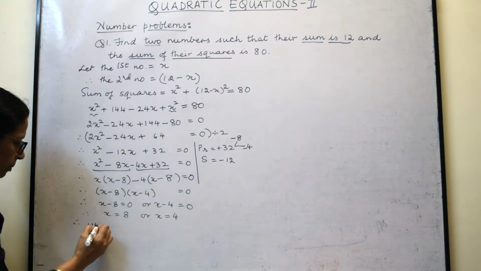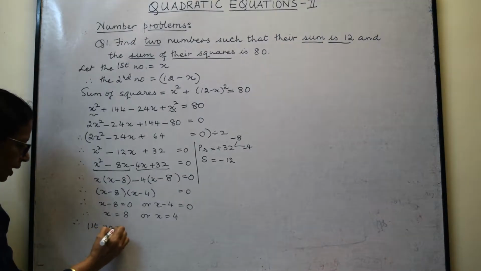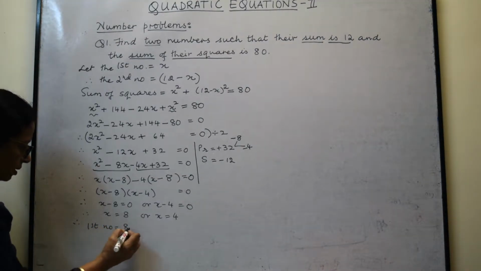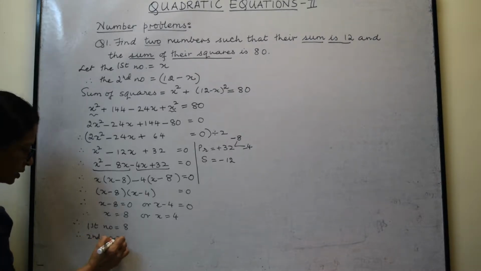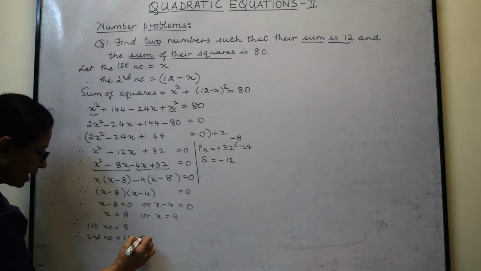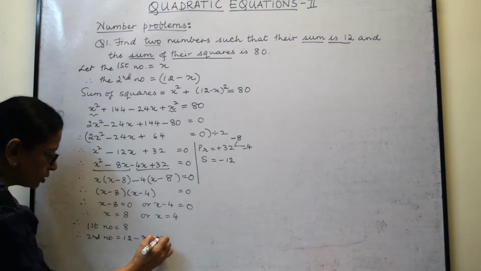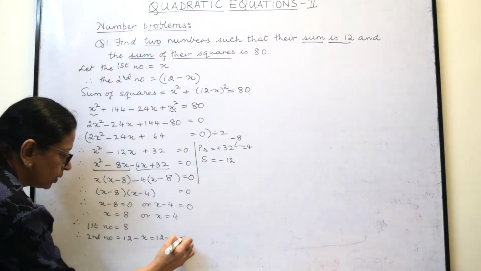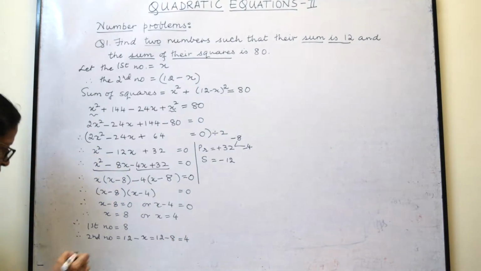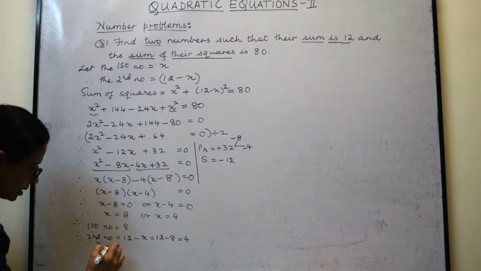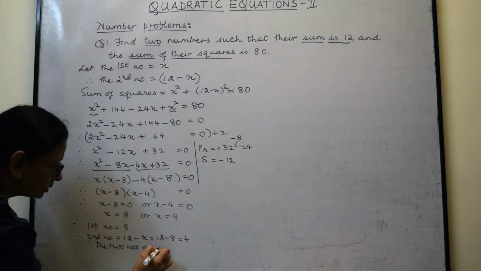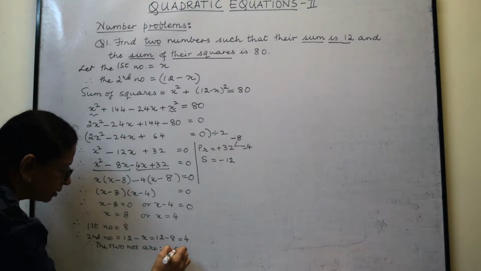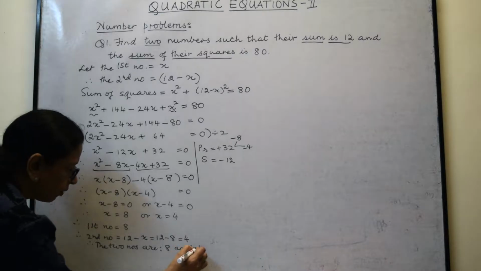Therefore the first number is equal to 8, which is x, and therefore the second number is going to be equal to 12 minus x, which is 12 minus 8, which is 4. And therefore you will see the two numbers are 8 and 4.